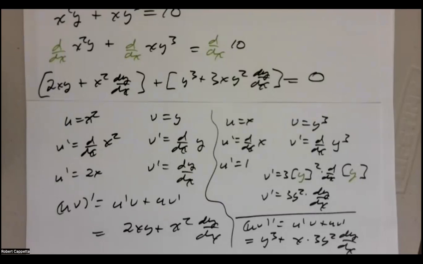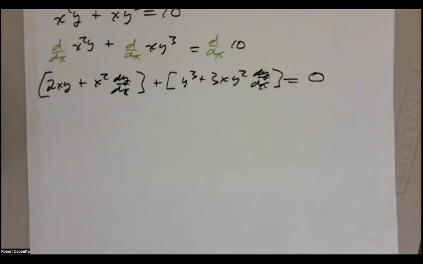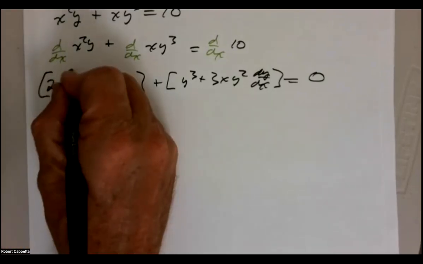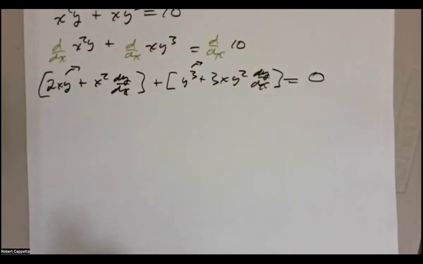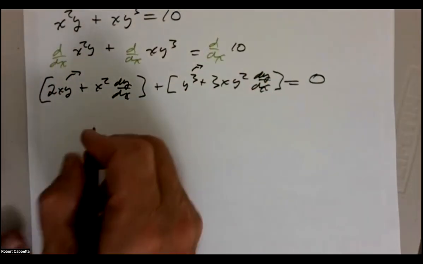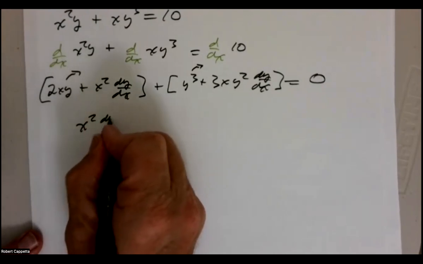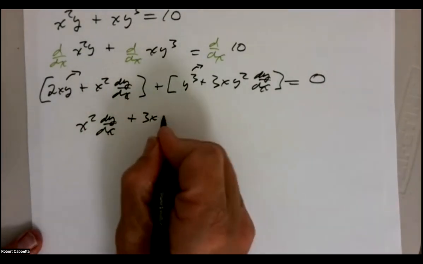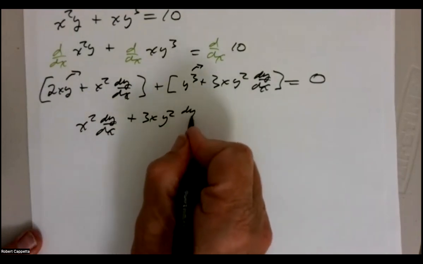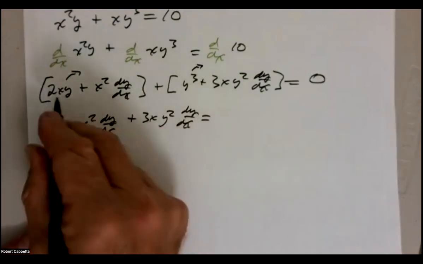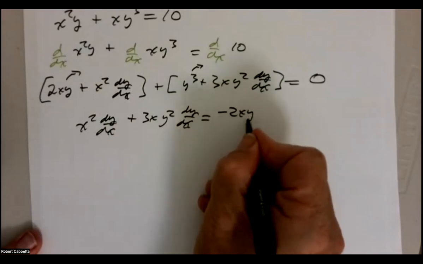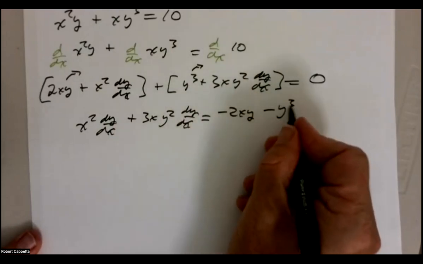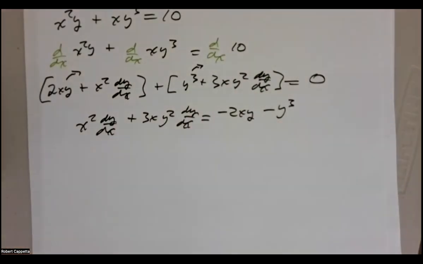All right. Now we've got to solve for dy/dx. So move the stuff that's not dy/dx to the other side. This moves to the other side, this moves to the other side. So on the left side, I have x squared dy/dx plus 3xy squared dy/dx. This moves to the other side, becomes negative 2xy. This moves to the other side, becomes minus y cubed.